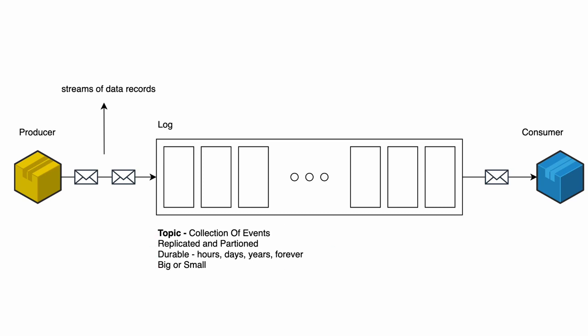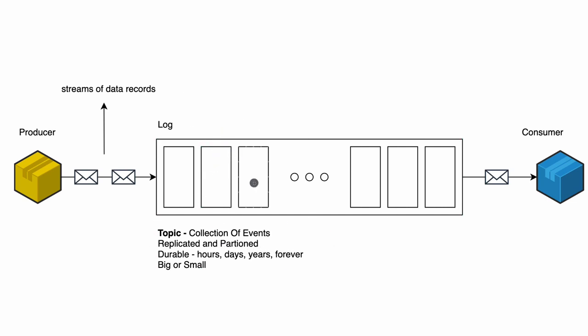Now, in contrast to a message queue, such as RabbitMQ, a topic in here you can think of as a log. So if you've done any Java using log4j, storing logs to a log file, this is the exact same concept, right? So data going into the log can be kept for hours, days, years, or even forever.